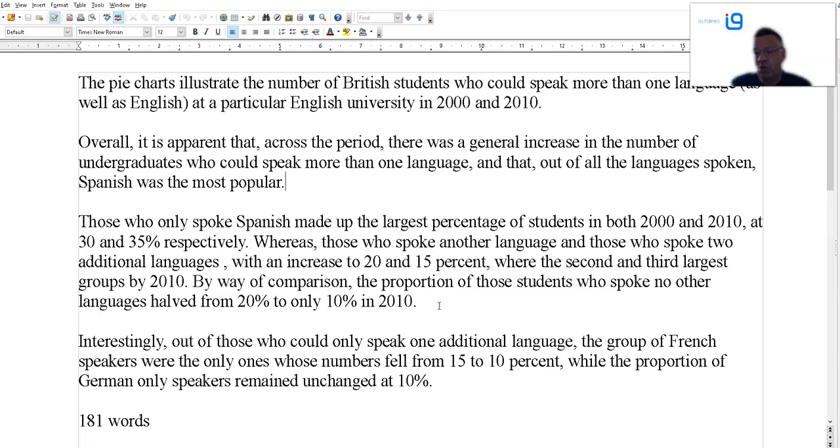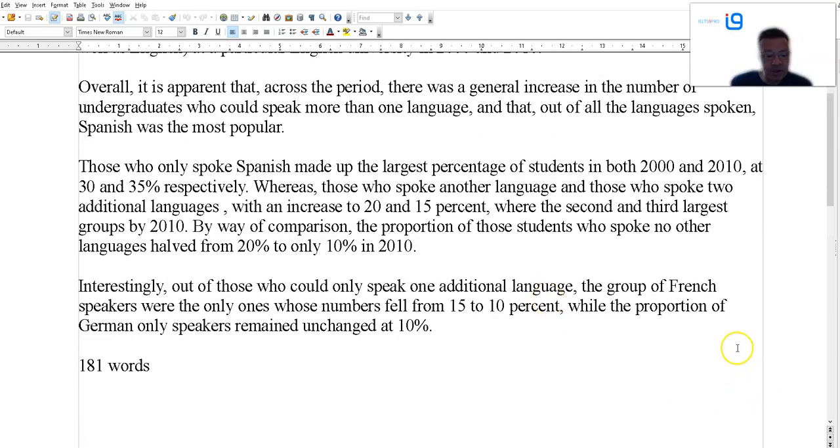It's about how you order the information. So usually, if it's a data one, graph, chart, table, etc., what's the biggest? What's the smallest? What's the same? What's changed? Etc.